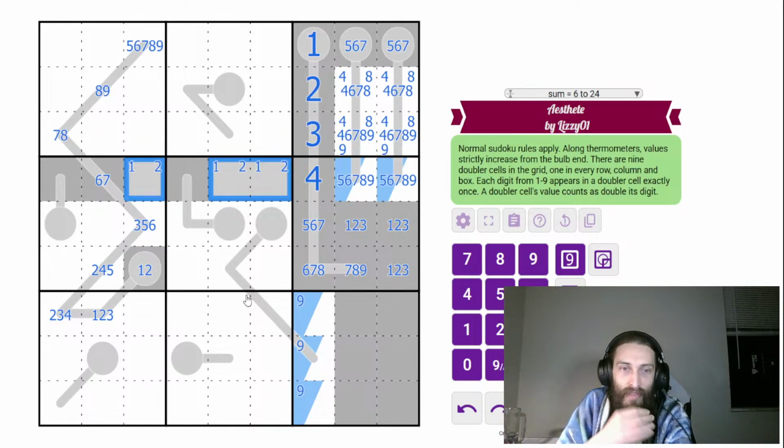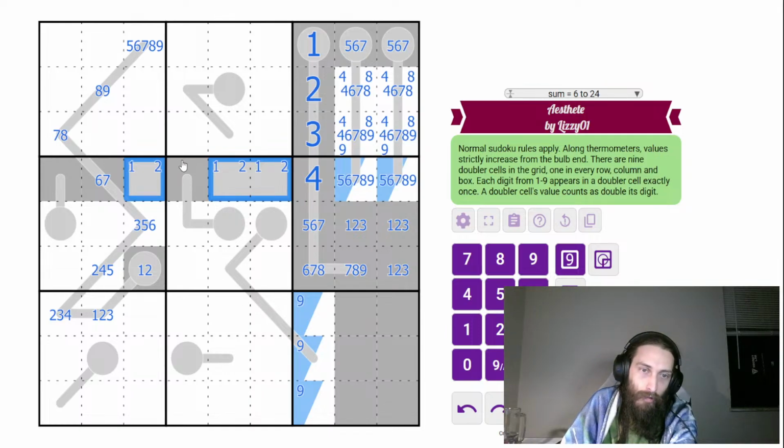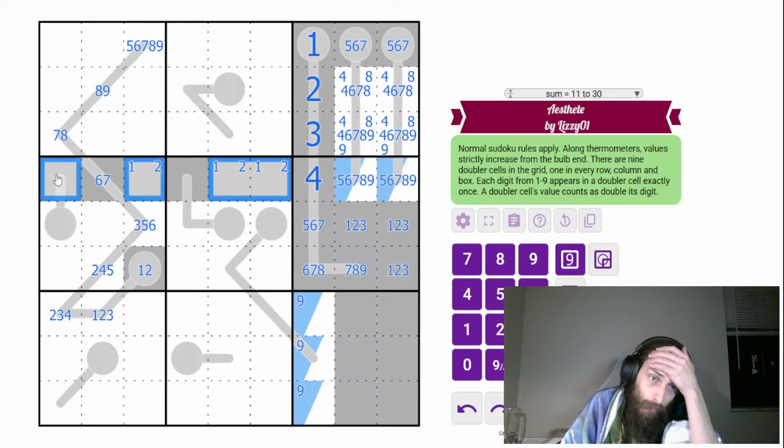What about 3? You can't put a 3 on this one because a 1 and a 2 would make 4 digits from 1, 2, 3 across. So can this be a 3? That's what I was trying to figure out. If that's a 3, that would have to be 1, 2 the other there, half of 1, 2.